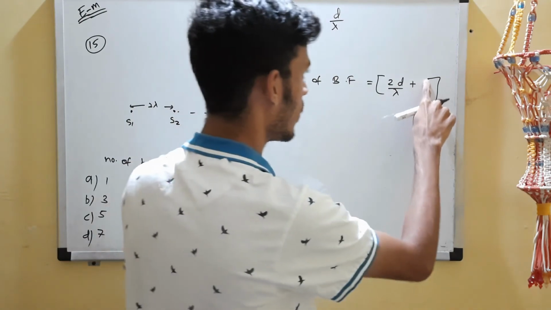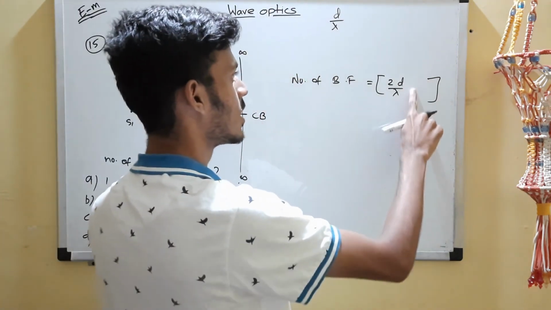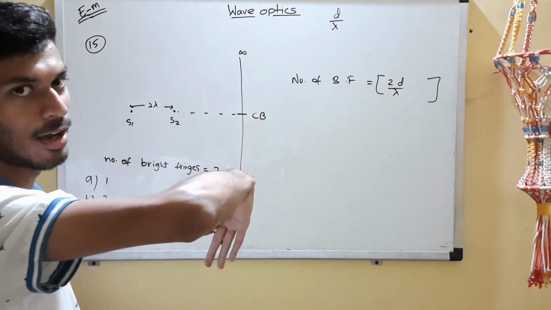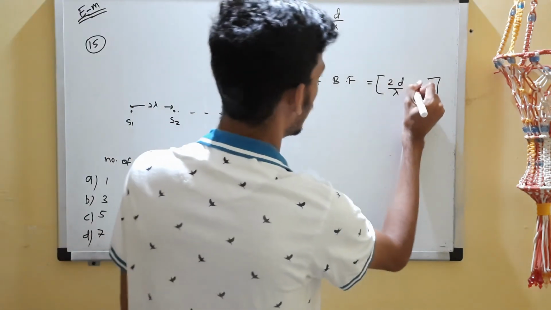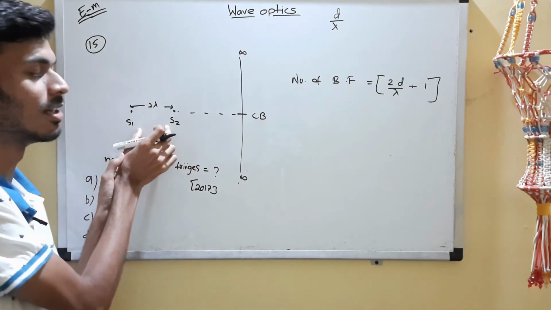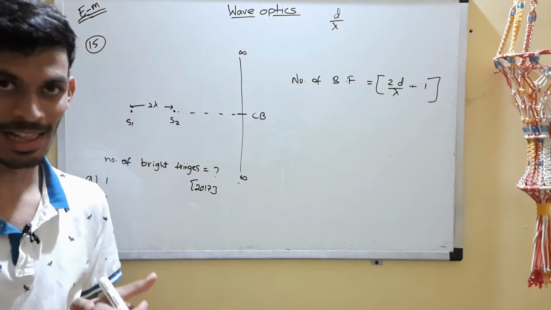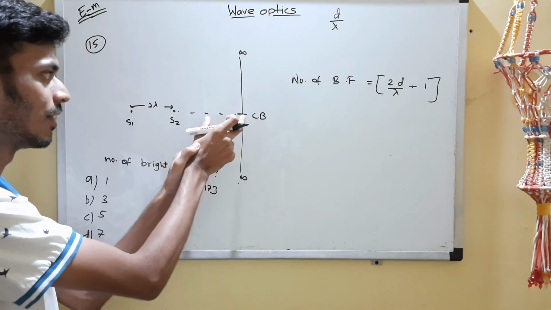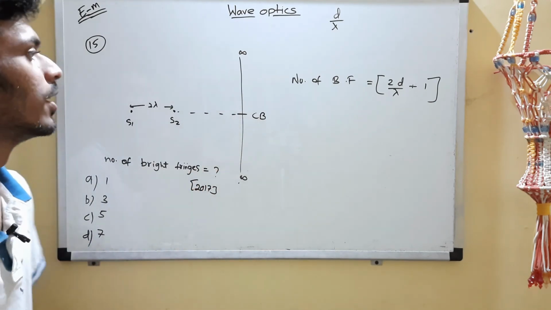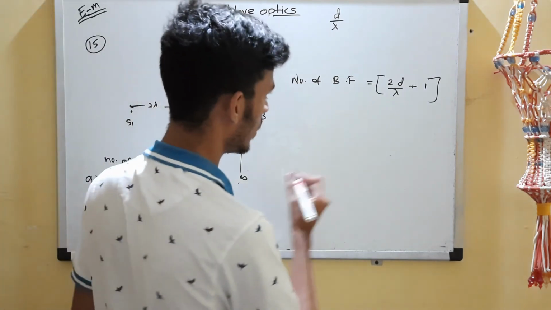In that case, you have to remove this 1, and it would be just 2d by lambda: d by lambda on this side, d by lambda on the other side. Since the path difference is n lambda, of course we'll have the central maxima at this point. So that is the number of bright fringes.